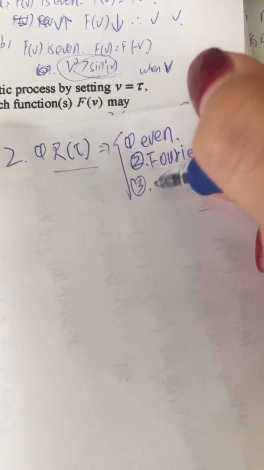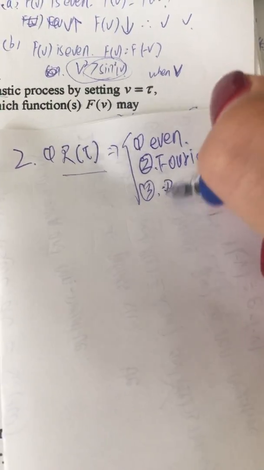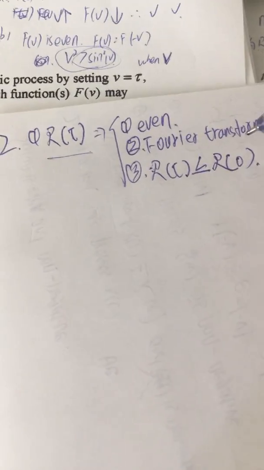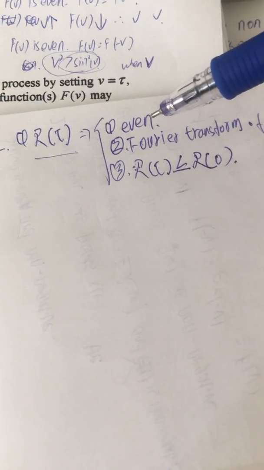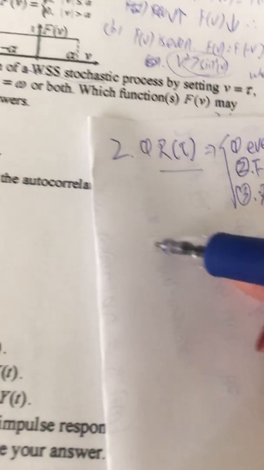The third one is |R(tau)| smaller than R(0). These are the three properties that must be met.